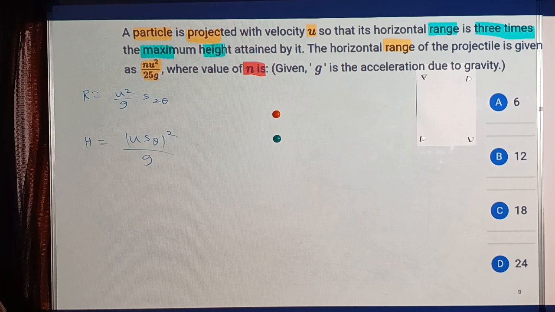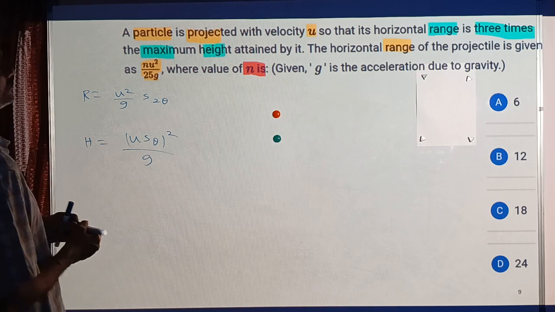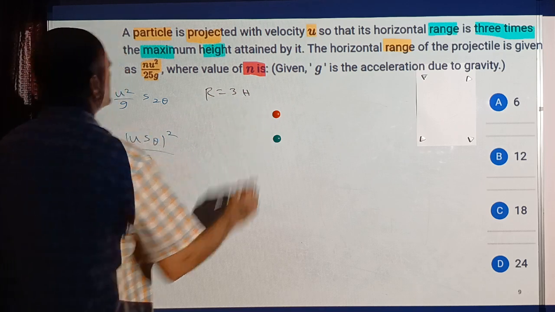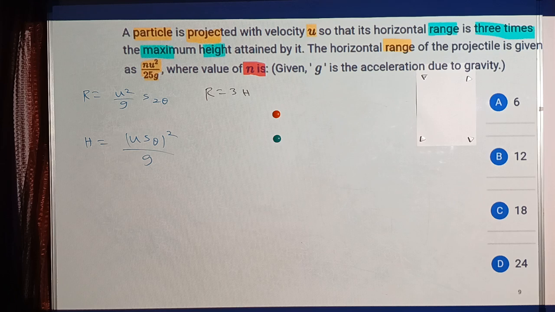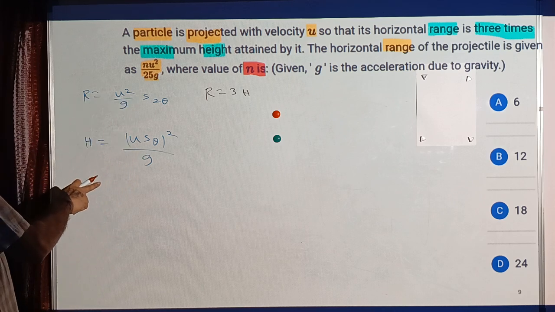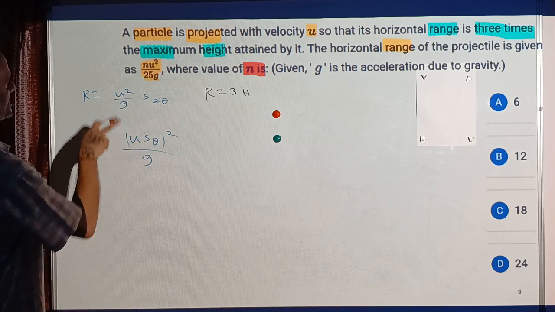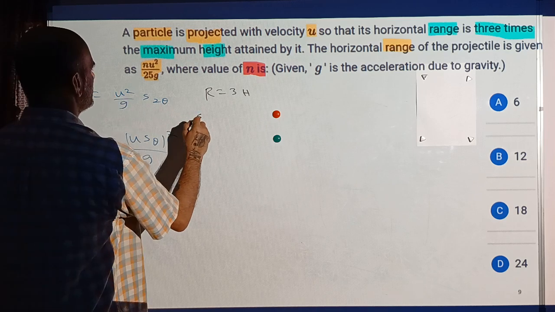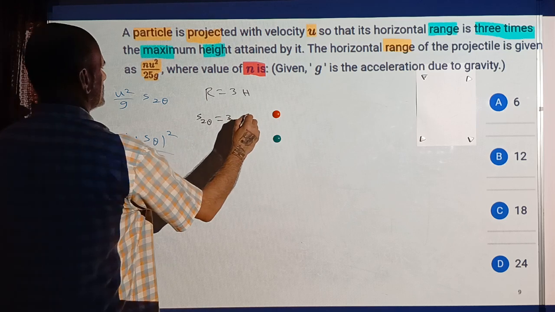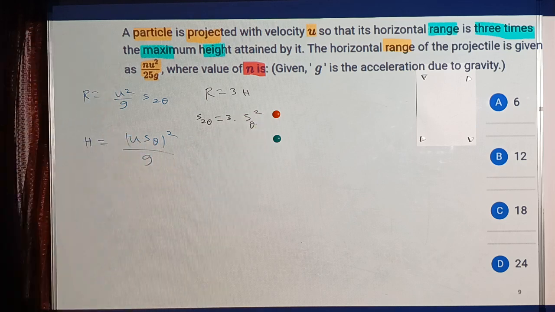So here in this question, range is 3 times height. So this is equal to 3 times this one. So u square by g will cancel. So sine 2 theta equal to 3 times sine theta square over 2. U square by g will cancel on both the sides.